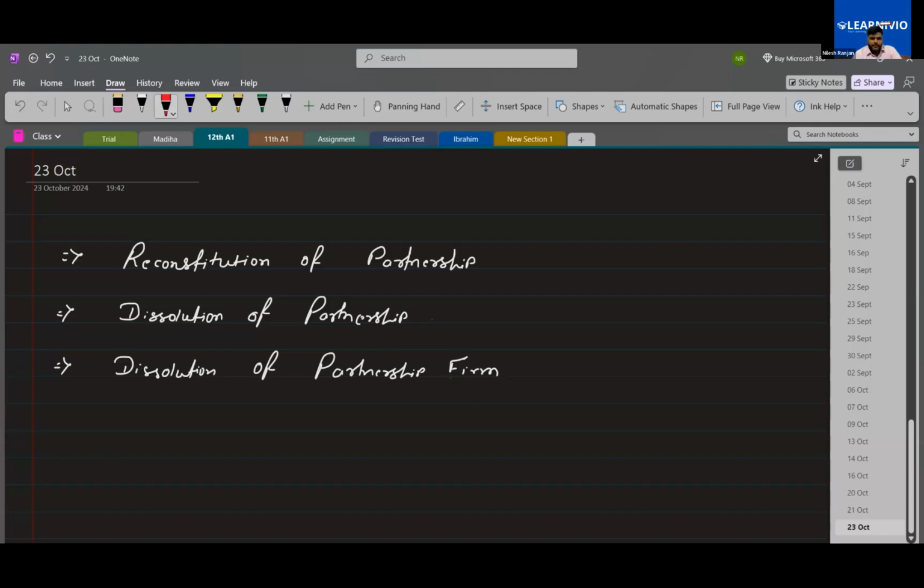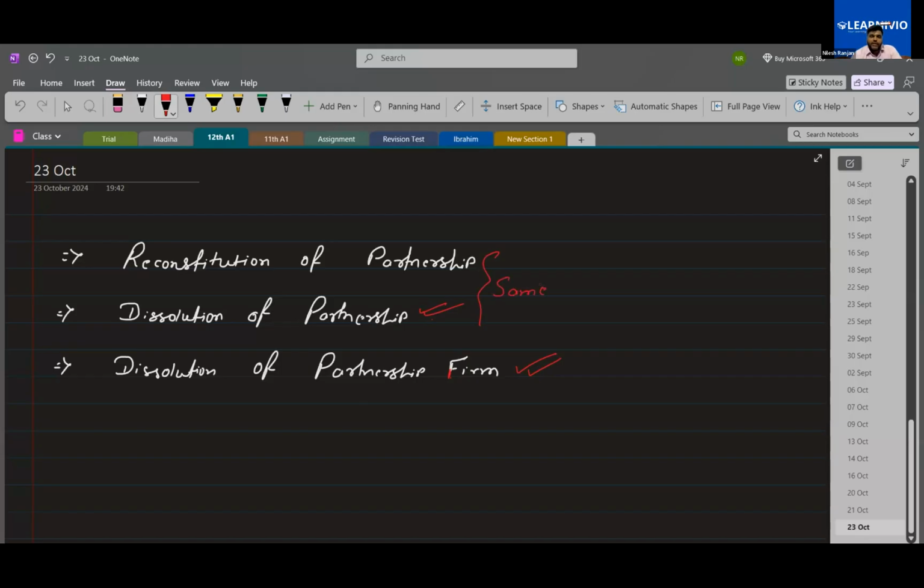Dissolution of partnership means change in relationship.